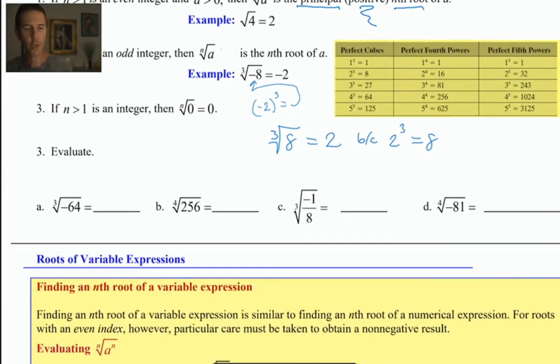Part A says the cube root, or the third root, of -64. So what number times itself, so a number times the number times the number, is equal to -64? Well, I don't think it's -1. -1 times -1 times -1 would be -1. Let's try -2. -2 times -2 times -2. Well, we already saw that.